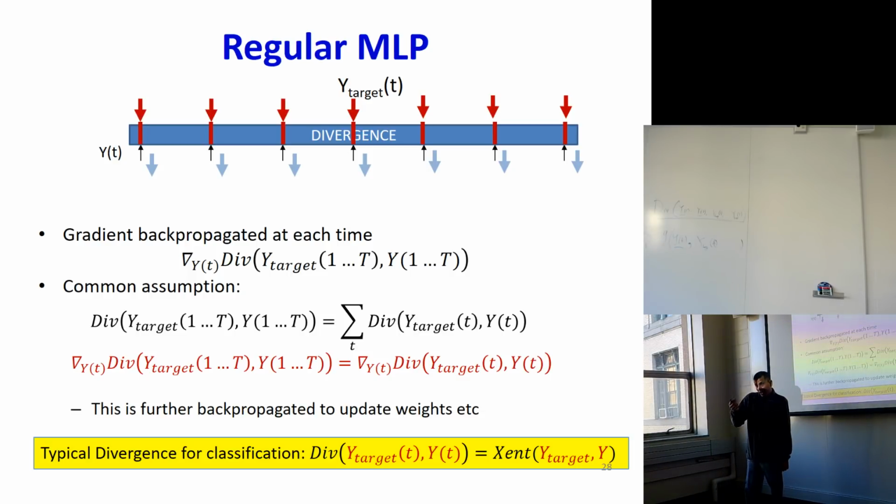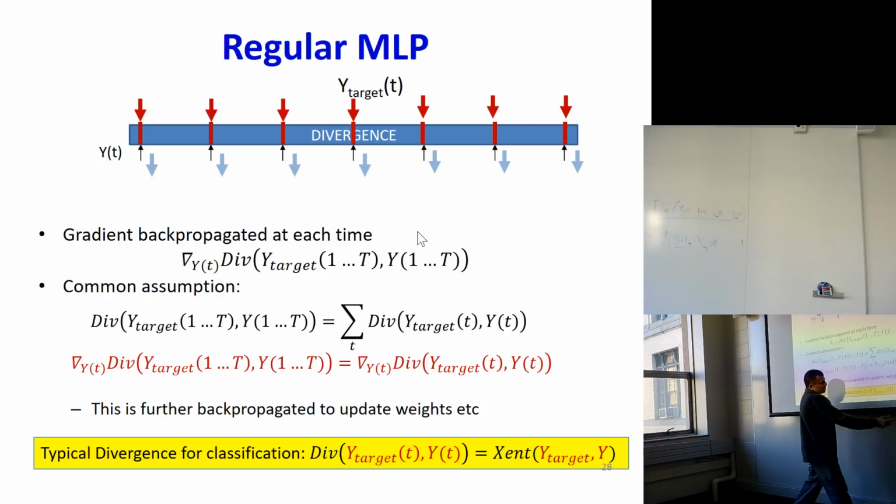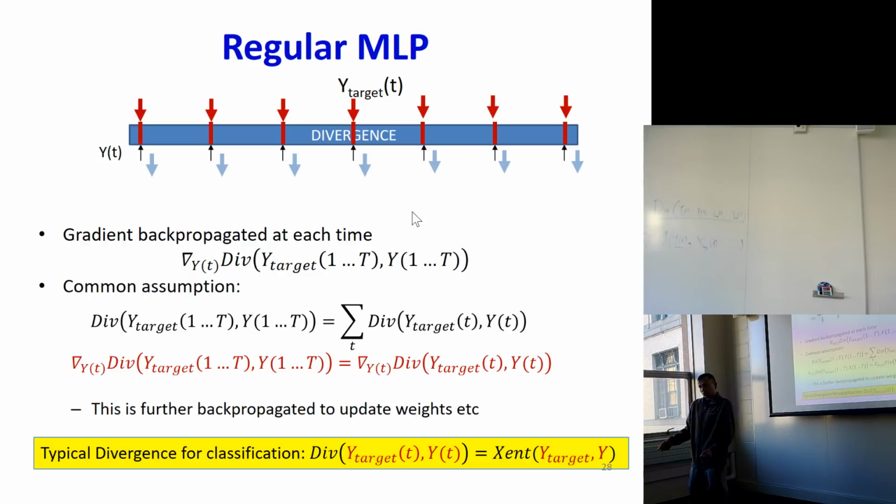At each frame, you were looking at a cross entropy between the target output at the frame and the actual output, and you were summing the whole lot, right? So typical divergence for classification tends to be a cross entropy, like we had in the homework. But if you're trying to make a continuous valued prediction, performing some regression, this could be an L2 loss. Regardless, we're sort of decomposing the divergence down.